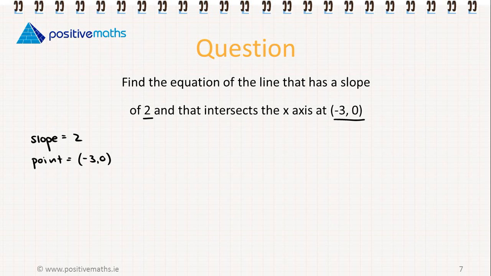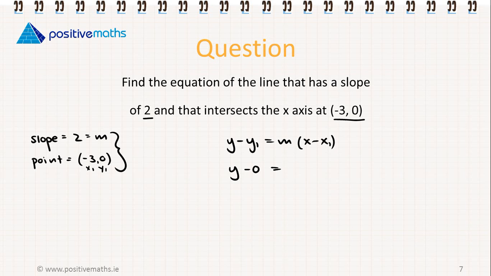Then we're going to write down the formula to find the equation of the line. So we have y minus y1 equals m(x minus x1). Now we're going to substitute this information into our formula. Our point we label x1, y1, and our slope we know is our m.